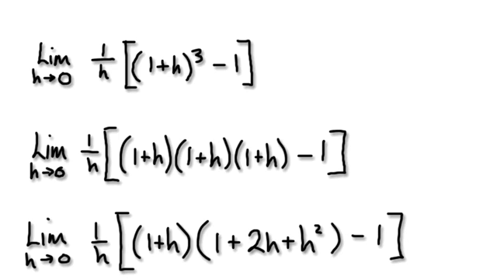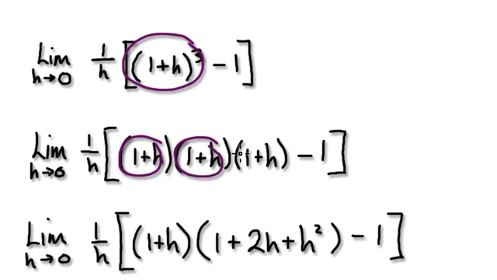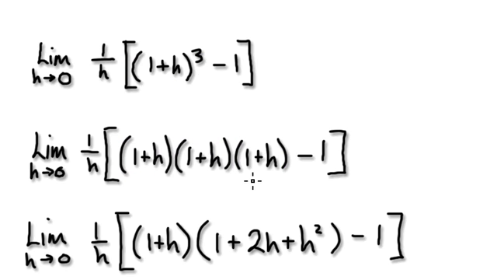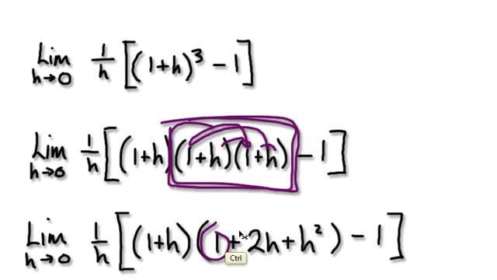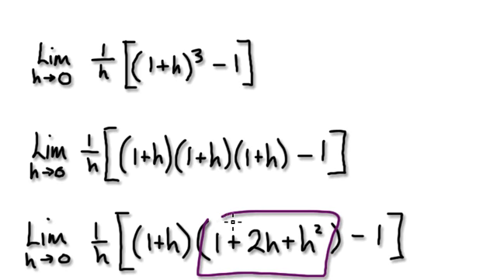Okay, so to do this, looking at this here, multiply this out. This thing here will become this to the power 3, which is this times itself 3 times. Then multiply these two together. This times this will give you 1, and then multiplying this bit out will give you this thing here.